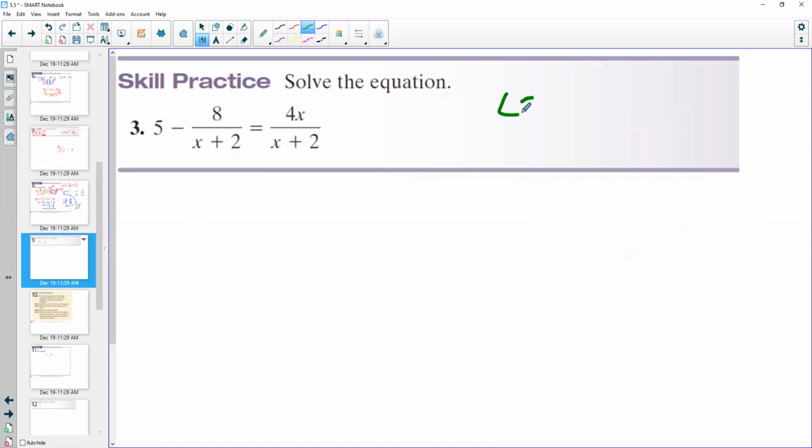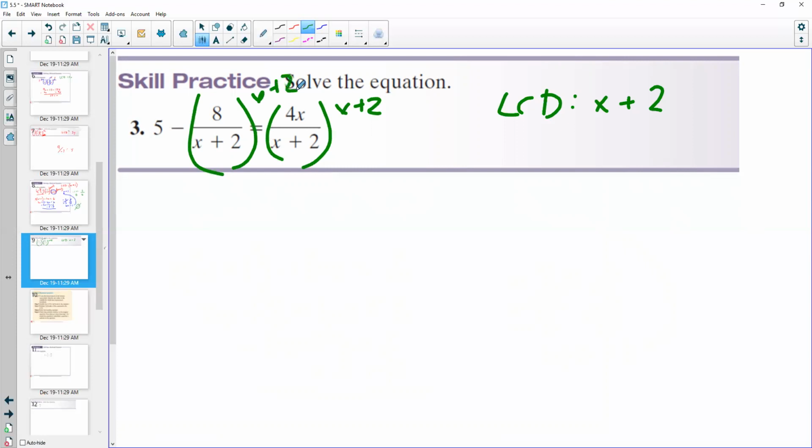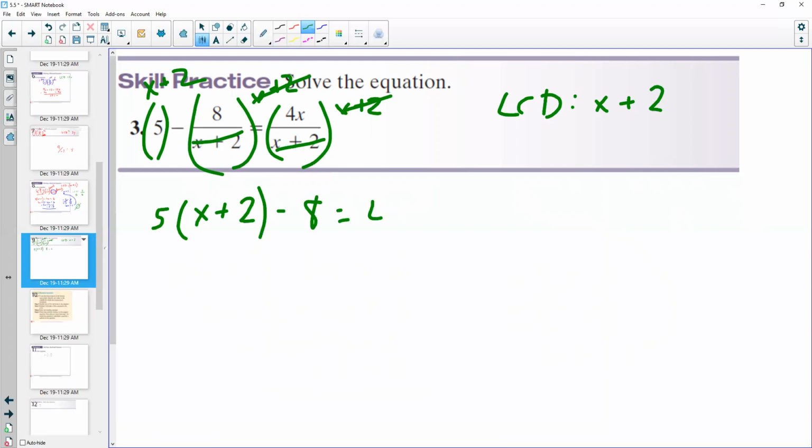Least common denominator in this case is x plus 2. And we're going to do exactly the same thing again. Everybody gets multiplied by x plus 2. Those will cancel. So then I get 5 times x plus 2 minus 8 equals 4x.